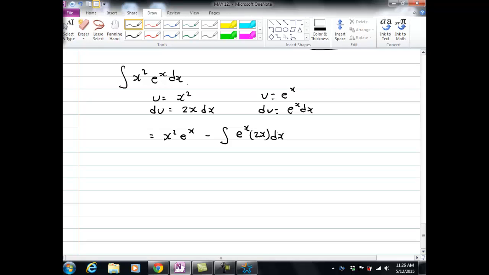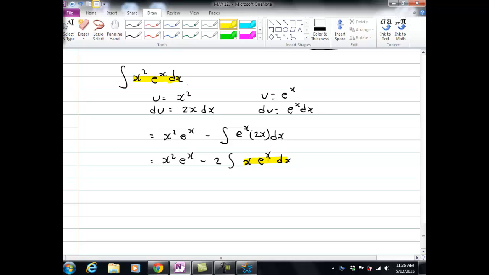I can rewrite this as x squared e^x minus 2 integral of x e^x dx. Oh, sorry, let me write x in the front. I'm going to write down x e^x, because I want to keep it consistent with something similar to this. Notice how x goes first, so I want to keep it in the same format.